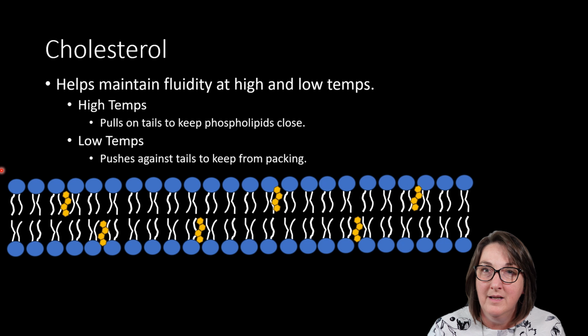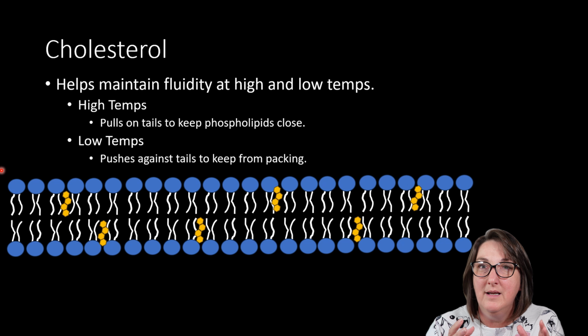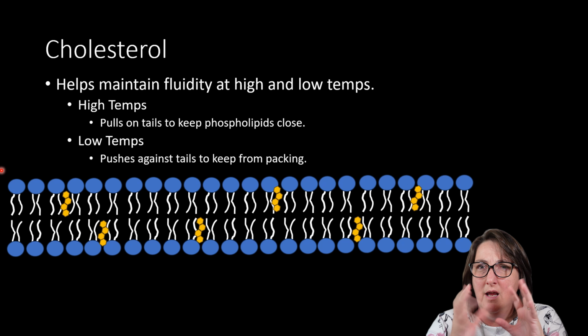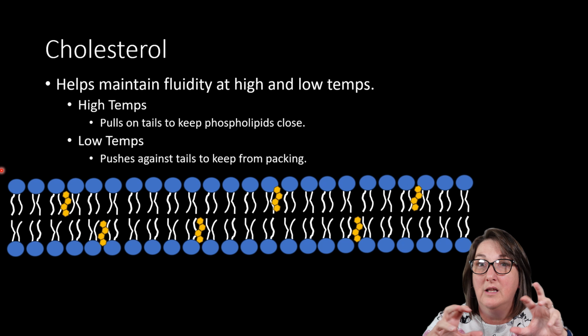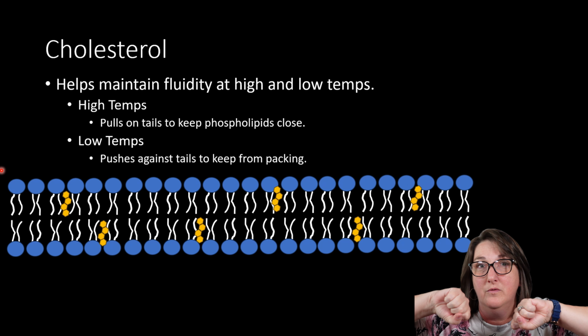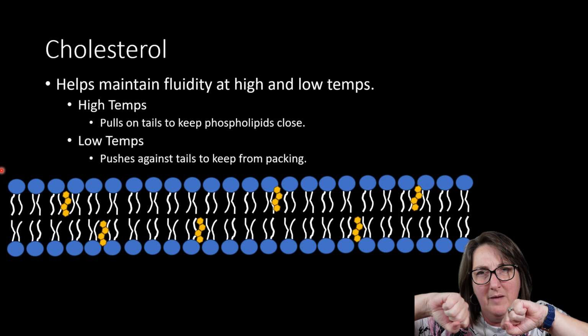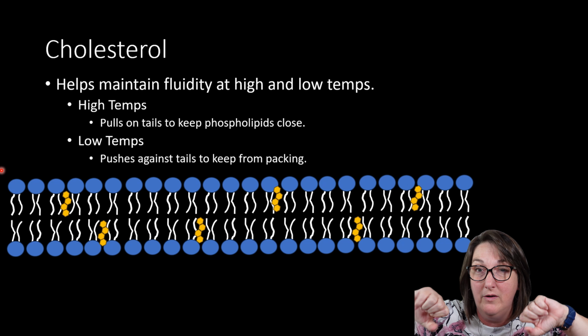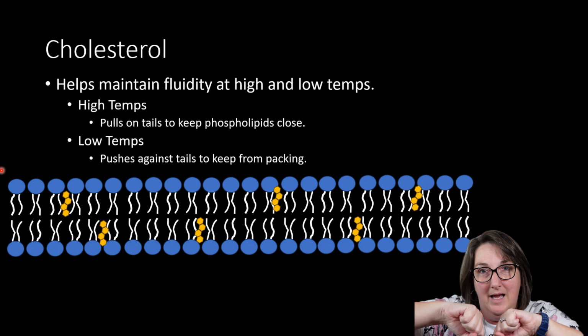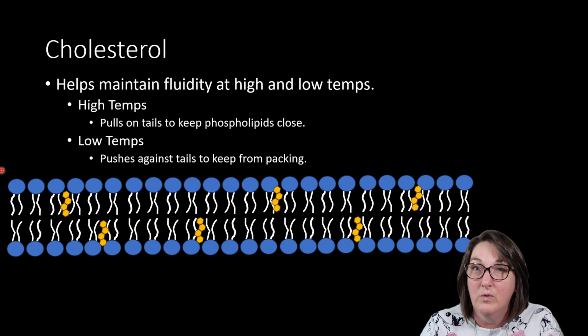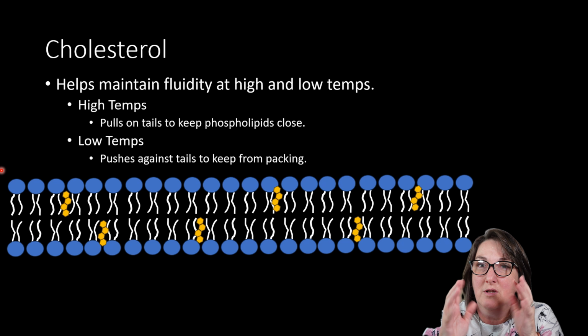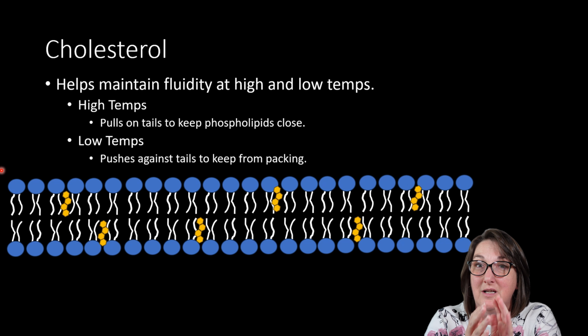And what that does, which is really interesting, is when the membrane gets hot, remember, when things heat up, the molecules move and they start to shake and spread apart. The cholesterol will grab those tails and those phospholipids and hold them and keep them together and keep them from getting pulled out too far, so they keep them inside. Vice versa, when it gets really cold, molecules slow down and get close together and start to compact.